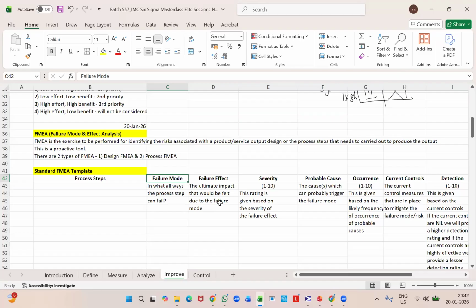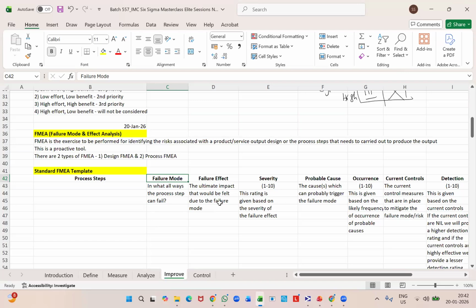So because of this failure mode, what is the kind of failure effect that we are likely to experience? So here we are only making some assumptions about the failure effect, probable cause, etc. Right? So all these things have not happened.